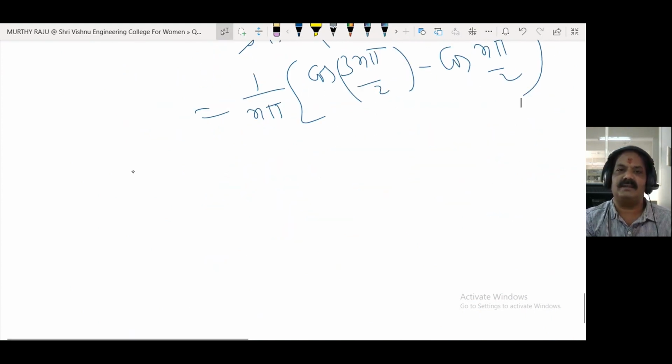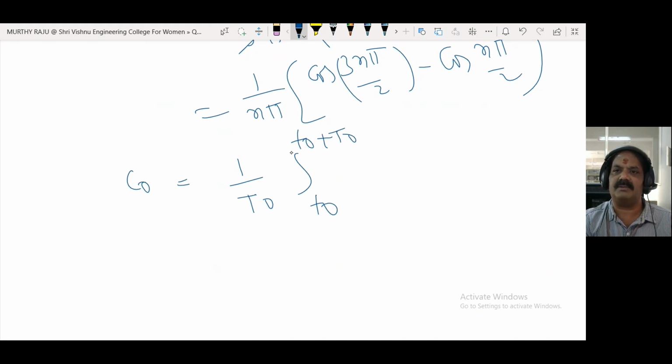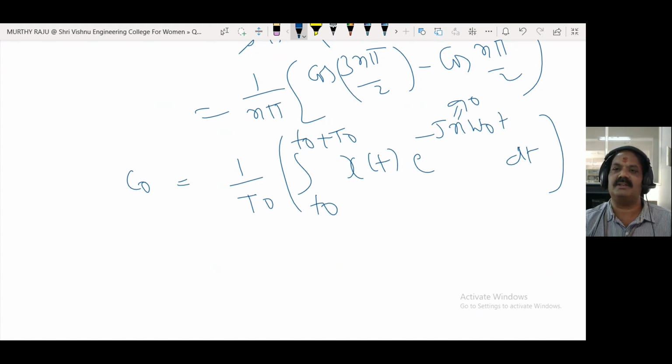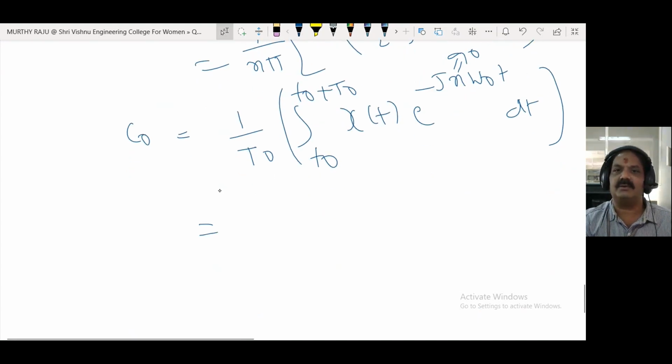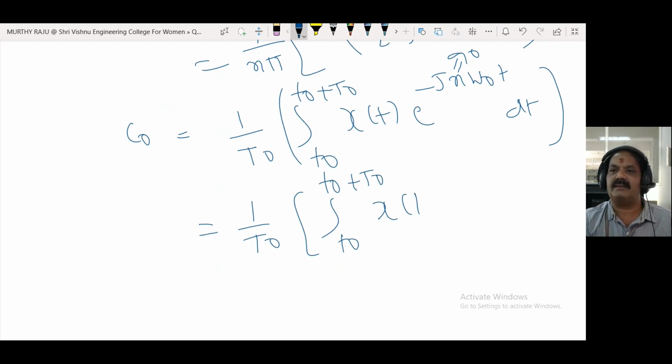Now calculate C naught. C naught is equal to 1 by T naught, integral from small t naught to small t naught plus capital T naught of x of t e power minus j n omega naught t dt. Here n is equal to 0, so e power 0 is 1.